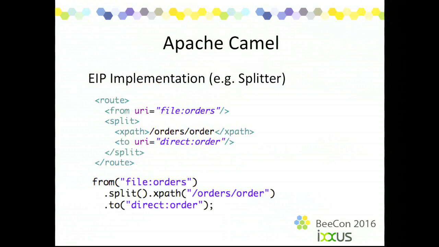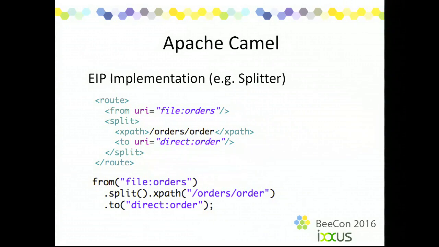Also, to demonstrate that they have implemented the EIP capabilities, this is probably one of the simpler patterns. It's the splitter. You have a message, an entity that you can divide and treat separately. So this is how it works, right?